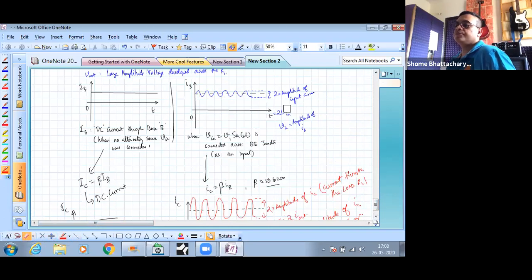Just make a small correction here. So this peak to peak is 2 times V in, sorry, 2 times I in, my mistake again.